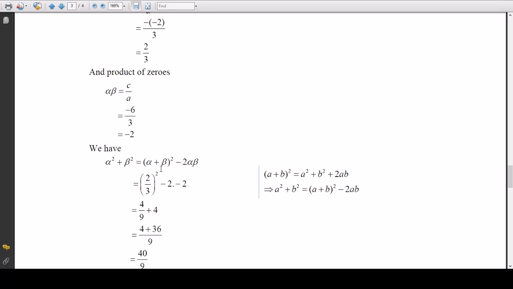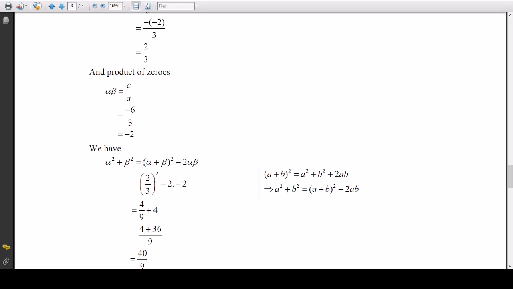Now we need alpha square plus beta square. Alpha square plus beta square can be written, following this identity, as (alpha plus beta) whole square minus twice alpha beta. Clear?